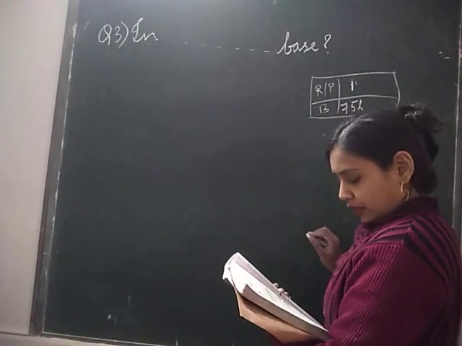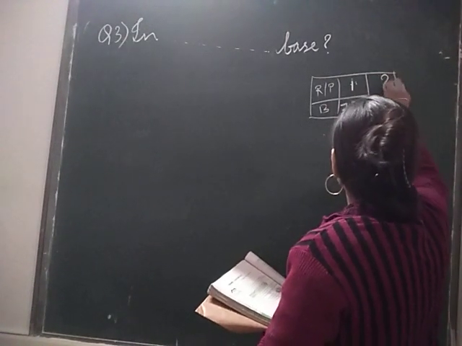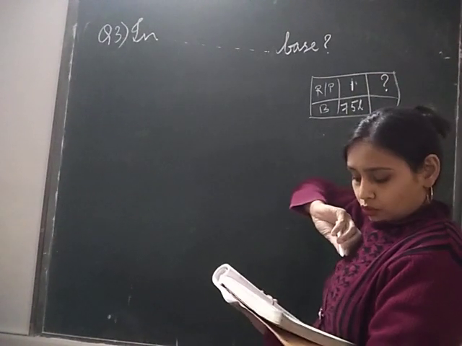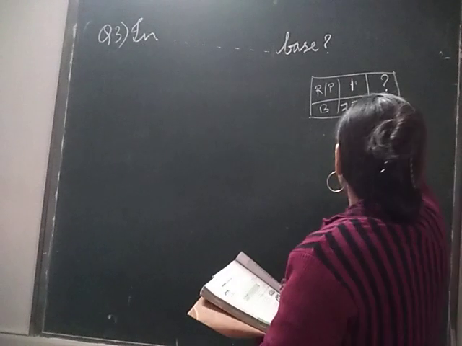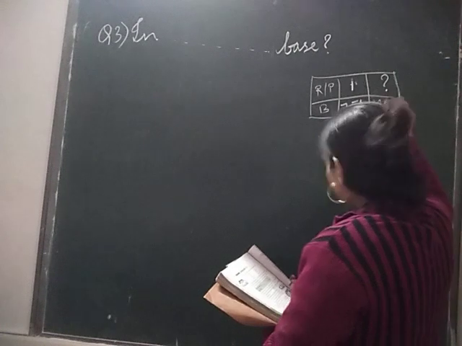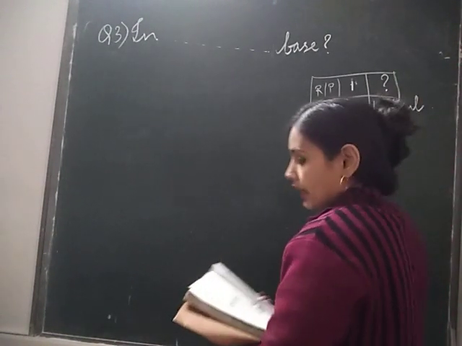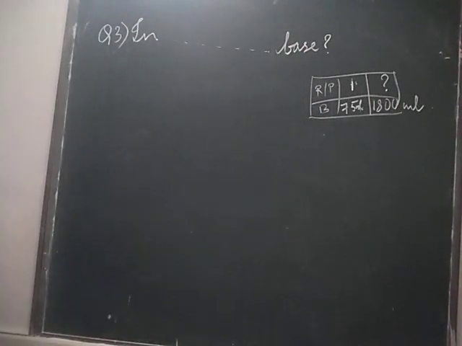One part of red pigment requires 75. Then how much red pigment should be used to mix with 1800 milliliters of base?